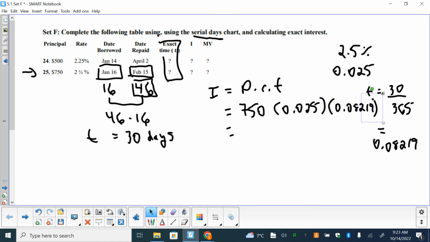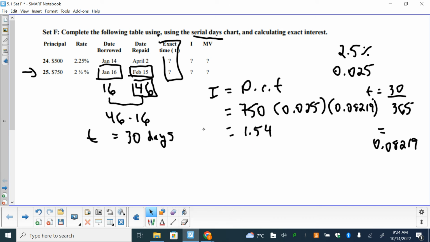So I'm going to multiply those three numbers together. When I multiply those three numbers together, I get 1.54. So it's $1.54. Remember, it's only 30 days, so it's not going to be a lot. That's $1.54 extra money that I have to pay.